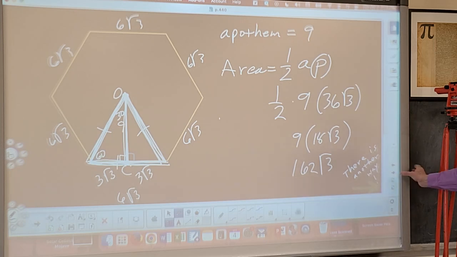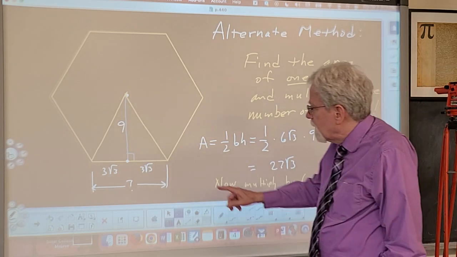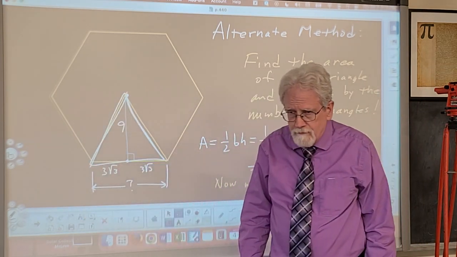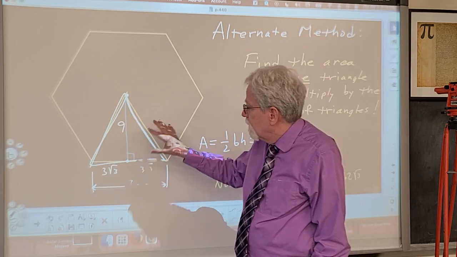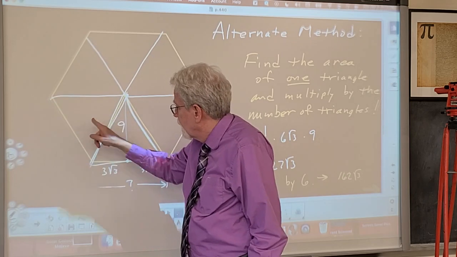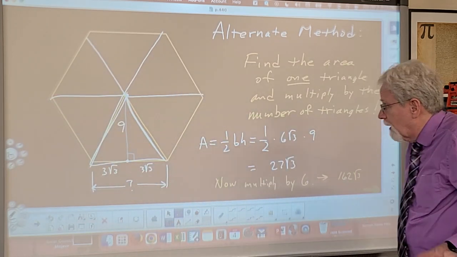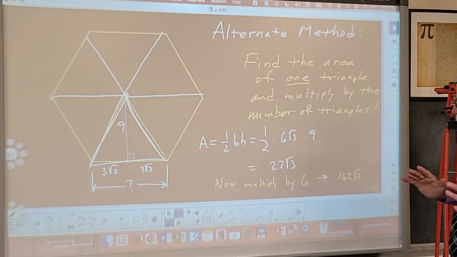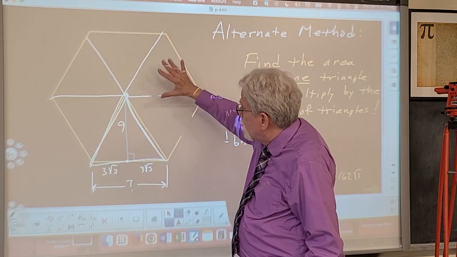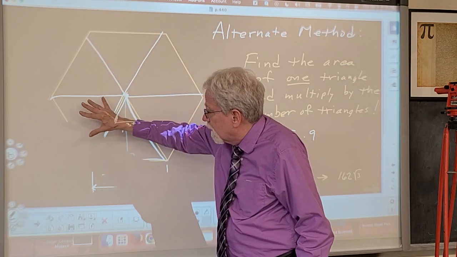Hey, there is another way. The other way is just figure out the area of one triangle. And remember, we actually have 1, 2, 3, 4, 5, 6 of them. So the other way, instead of doing 1/2 apothem times perimeter, you can just find the area of one triangle and multiply by the number of triangles.